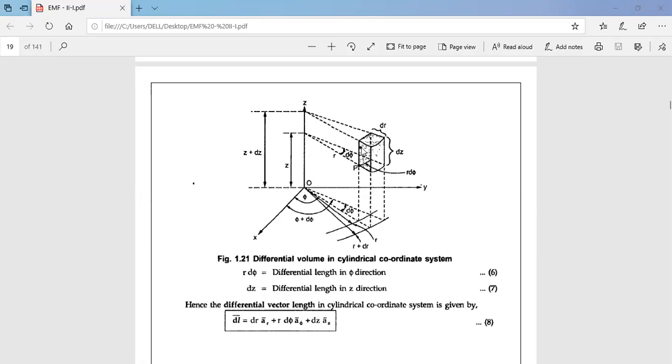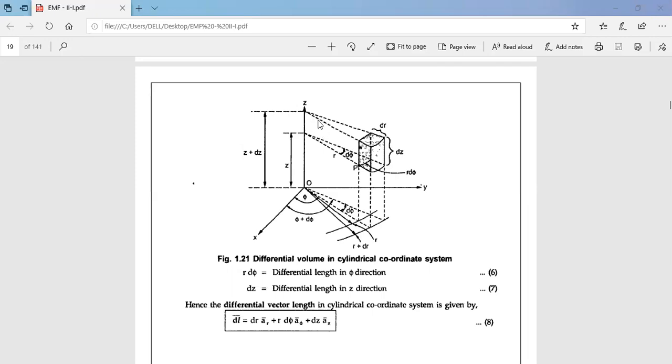This surface is going around like this, so it's in the a phi.